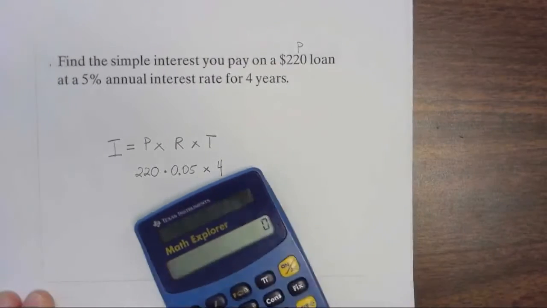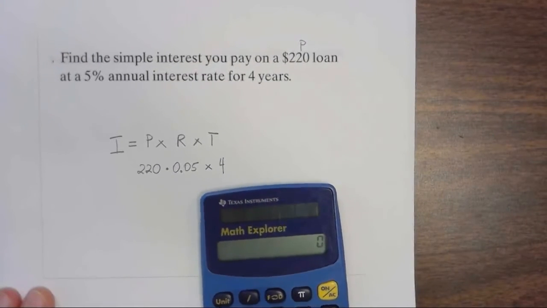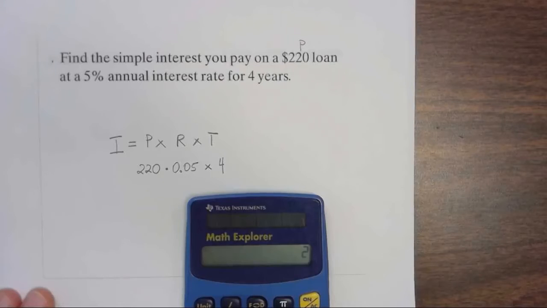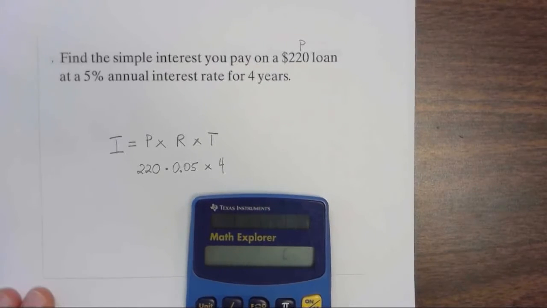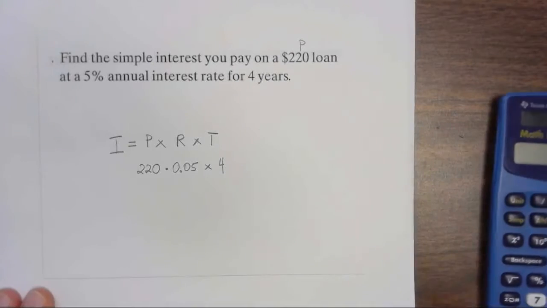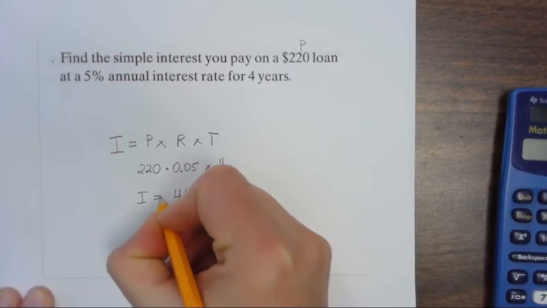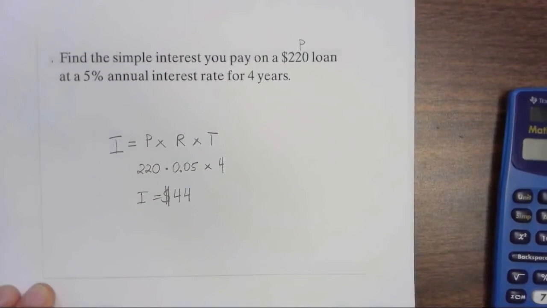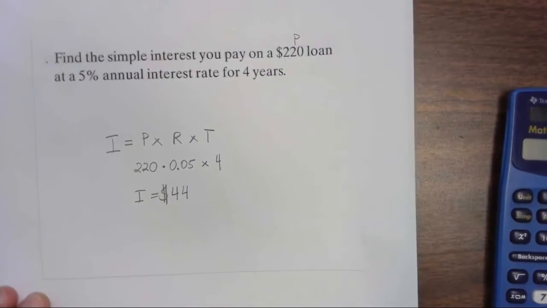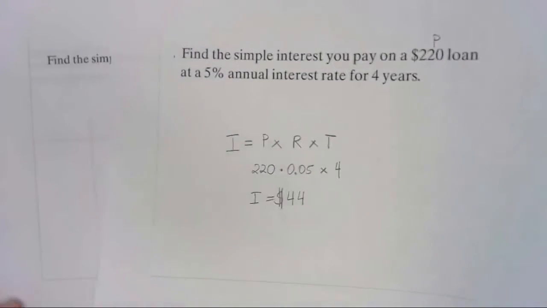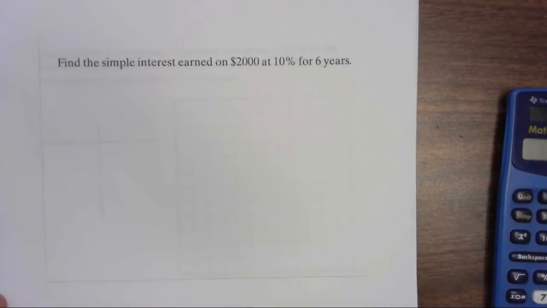Okay, so now I'll use my handy dandy calculator. I do 220 times 0.05 times 4, which is $44. So my interest on that one was $44. What do you think? Not too bad? That's pretty much it. Here's one more for you.